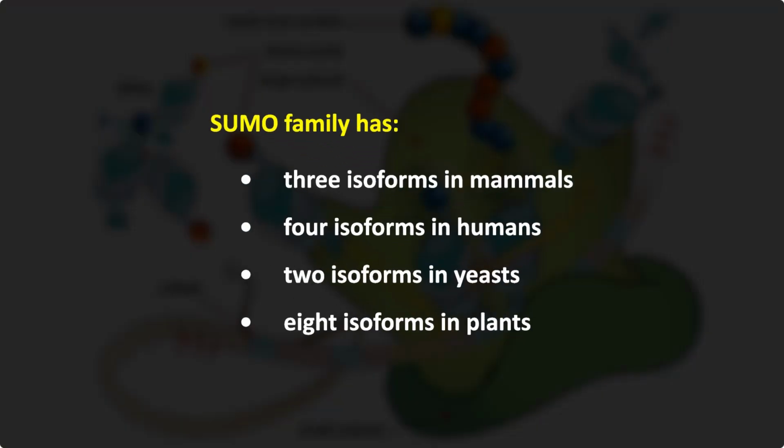SUMOylation can occur in both cytoplasm and nucleus on lysine residues. SUMO family has 3 isoforms in mammals, 4 isoforms in humans, 2 isoforms in yeasts, and 8 isoforms in plants. SUMOylation occurs as a modifier in alpha amino group of lysine residues in target protein through a multi-enzymatic cascade.